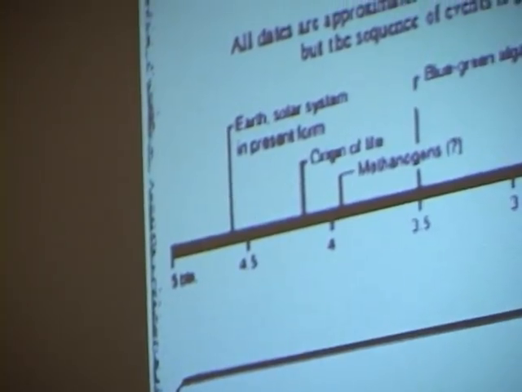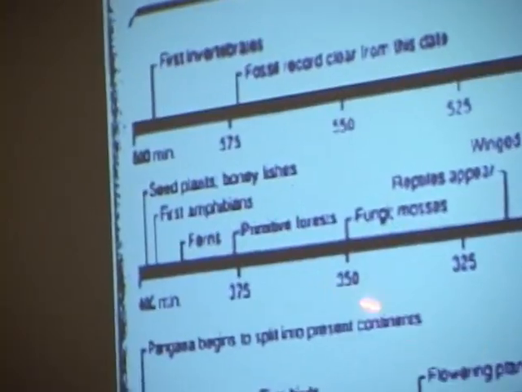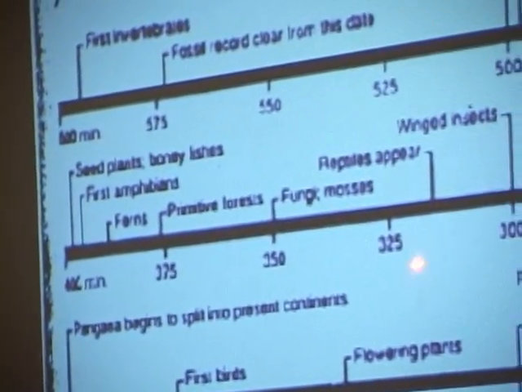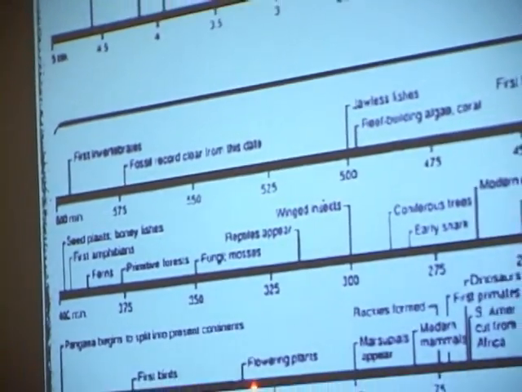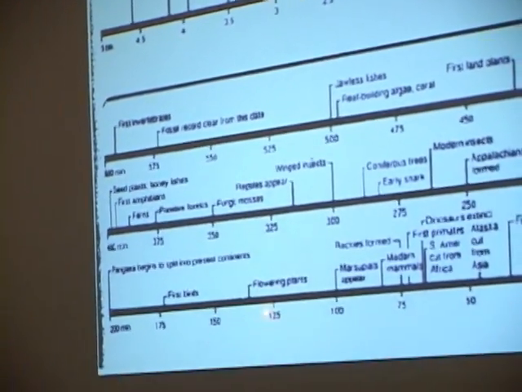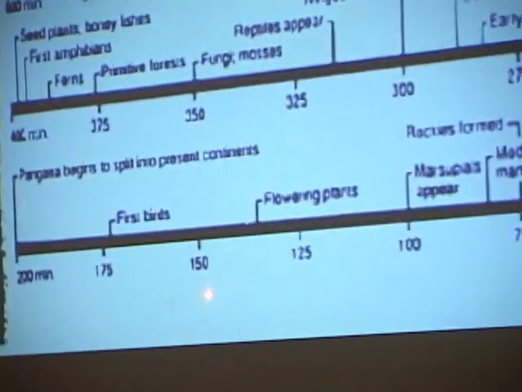We move on down, and you'll notice that flowering plants come in between 125 million and 150 million years ago.